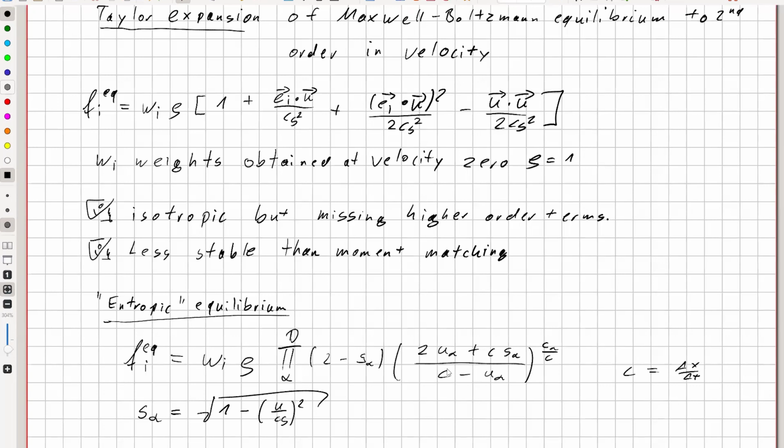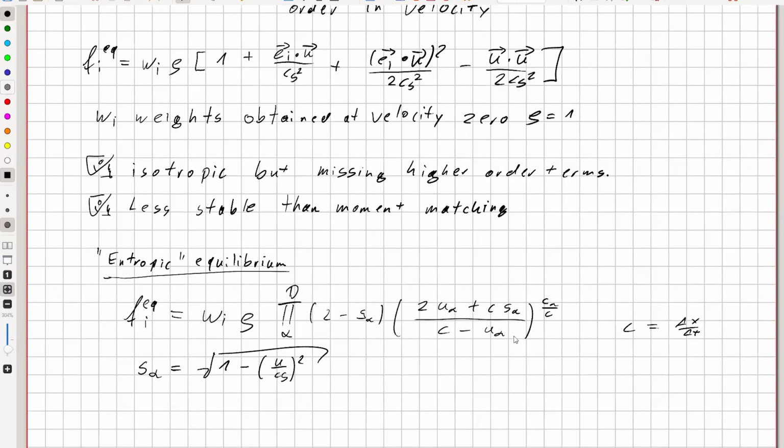So this is supposed to be more stable. You need to combine it with something else to make it really stable. But supposedly this is more stable, and the way that has now been pointed out to me why it is more stable is because it adapts the speed of sound.